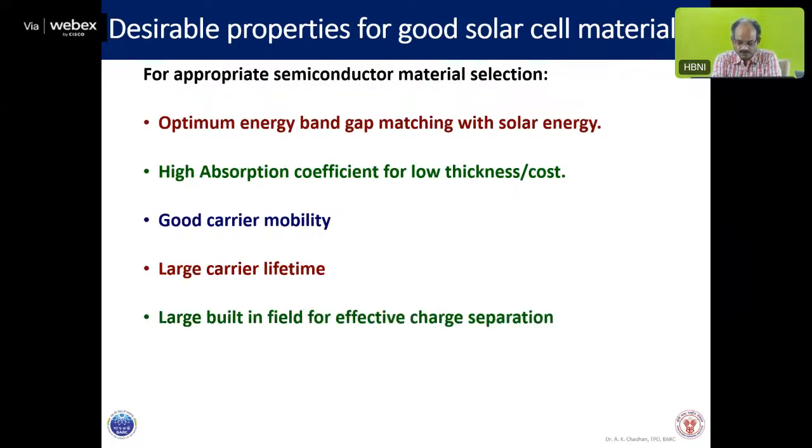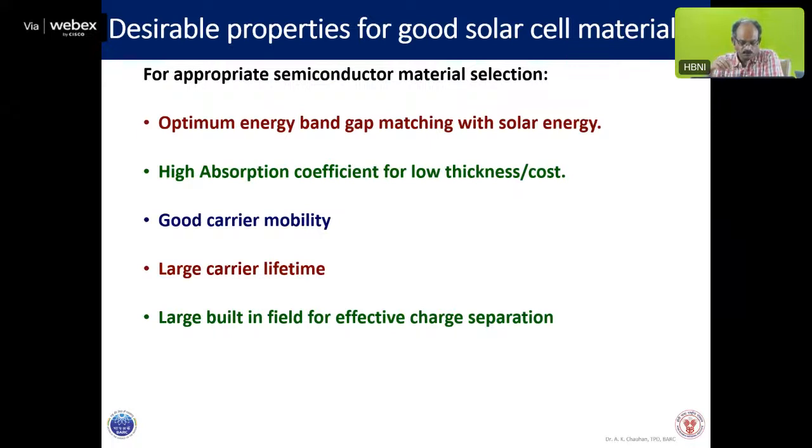Then large built-in field for the effective charge separation. If the built-in field is less, what will happen? The carriers will not move, or the effective force which is being put on these carriers is due to the built-in field.